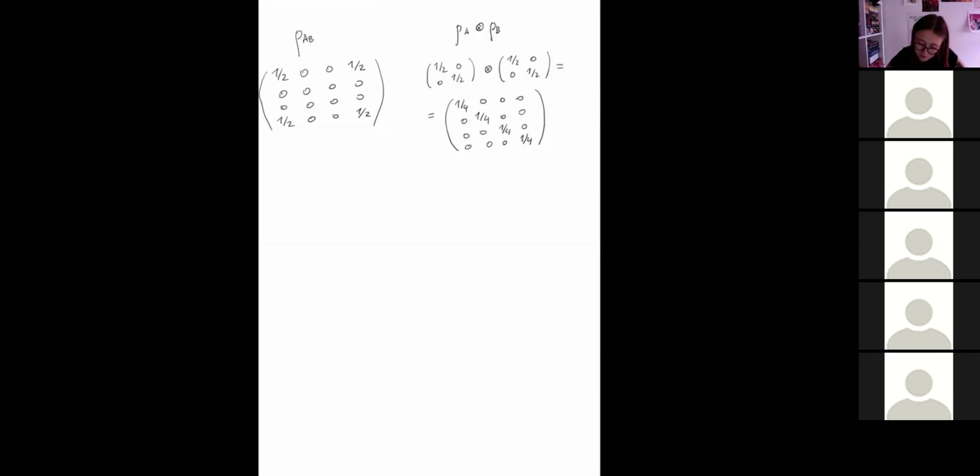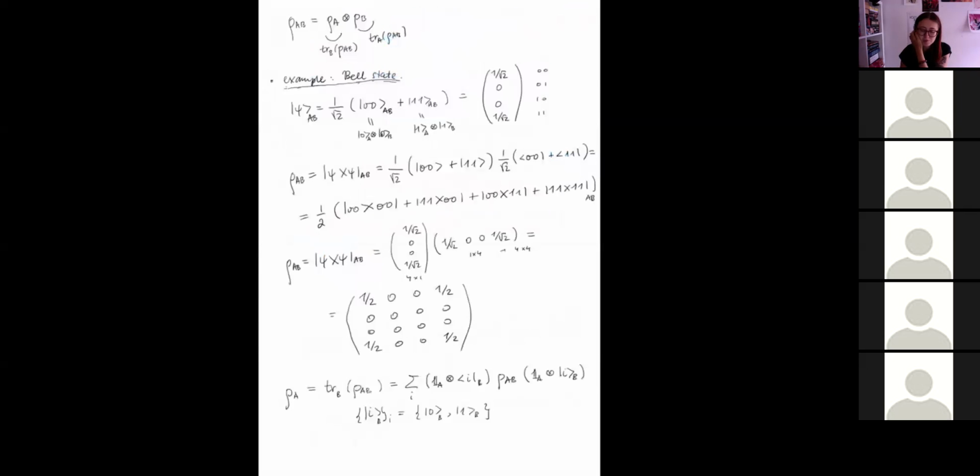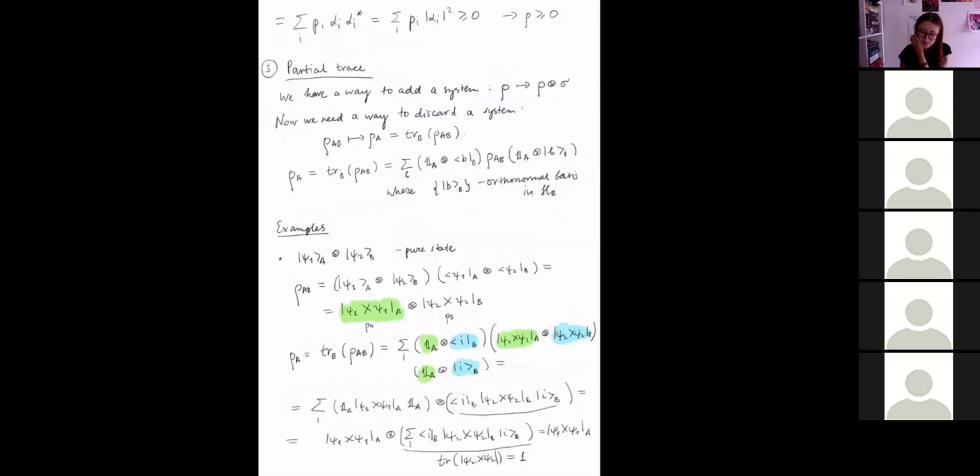And what we see is that rho AB is actually not equal to just the tensor product of the reduced matrices on the states A and B, which is in contrast to the first example that we were considering here with the pure state.